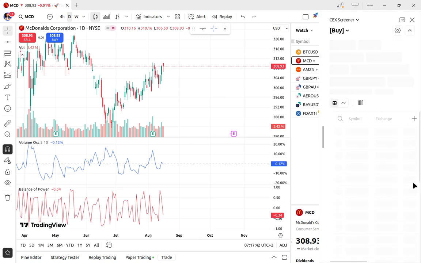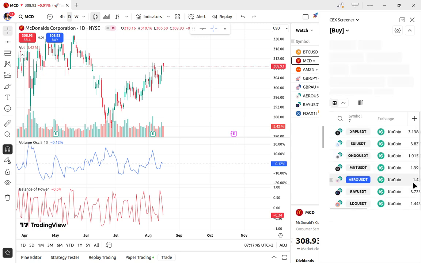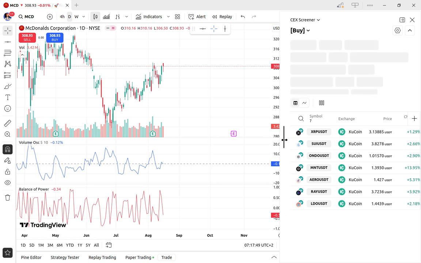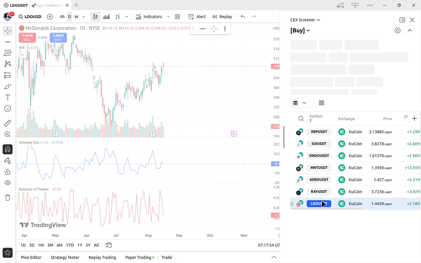So when trading crypto, I usually focus on just between $1 and $5 cryptos with a volume of $1 million or more.